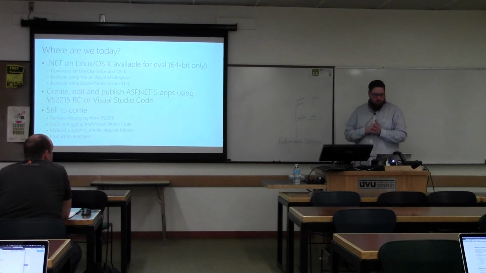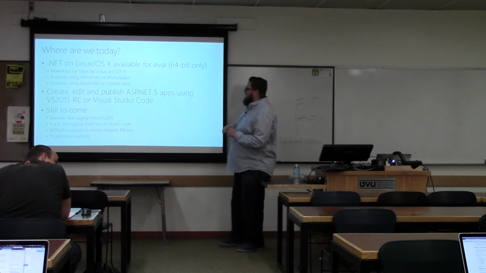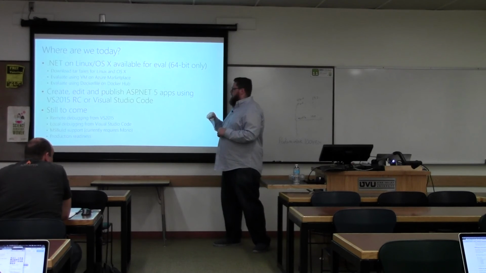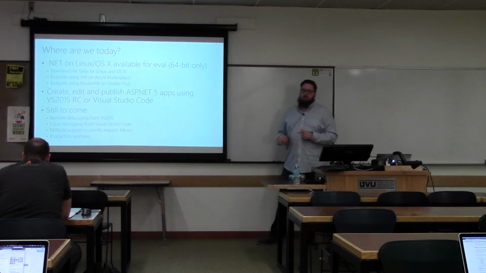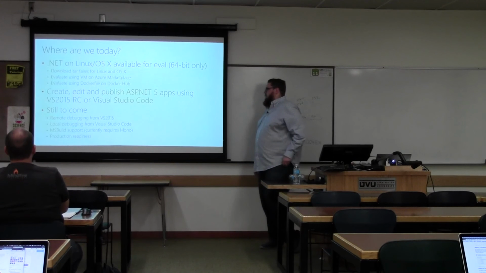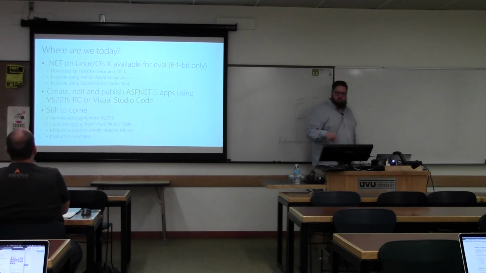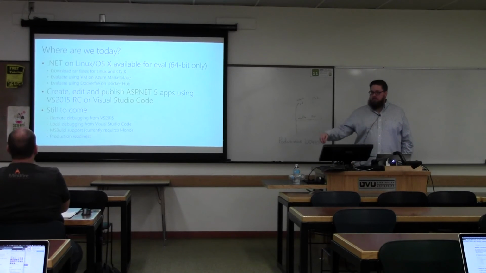he talks about where we are today. Again, he makes mention, this is an eval, this is beta, this is not going to work some of the time like we saw in our demo. But theoretically, if you can create those ASP.NET 5 applications, you can run them when it hits production on Linux or OS X. And they talk about remote debugging from Visual Studio being available at a later time for debugging on a Linux box when you're still in Windows.